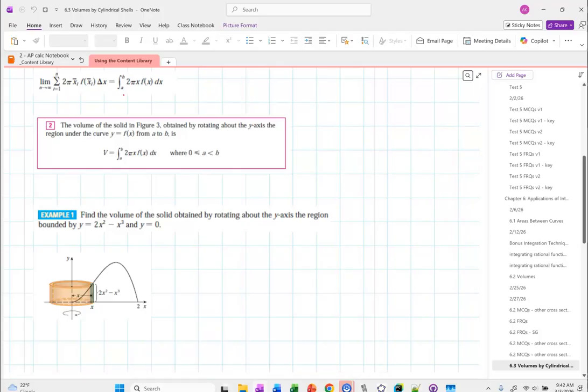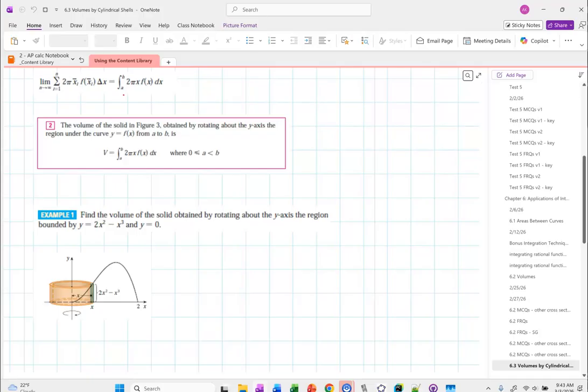So, if we take that solid from figure 3, our integral for volume is going to be the integral from a to b of 2 pi x f of x dx. It's our general format, where x is our radius. Now this x could change, right?